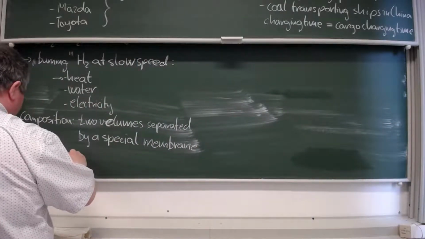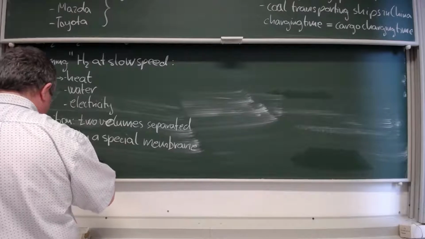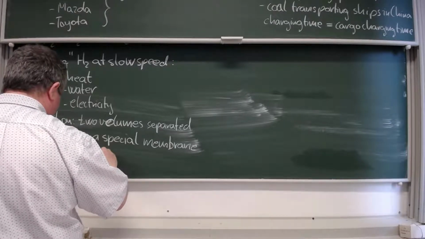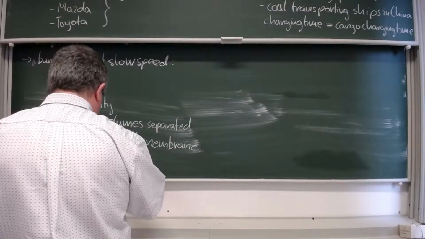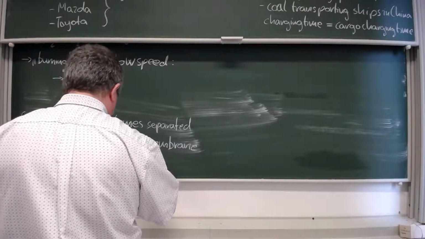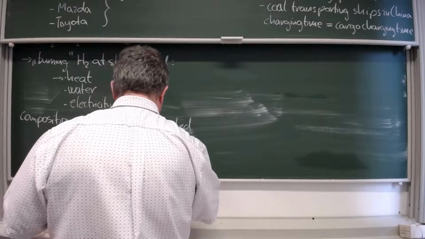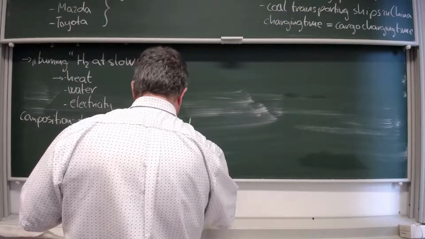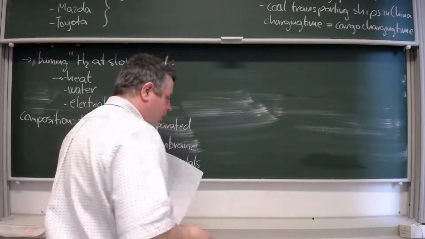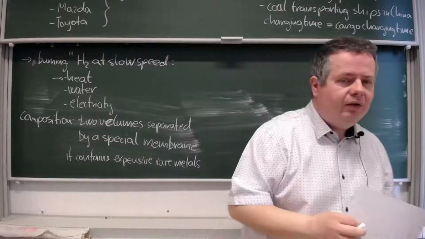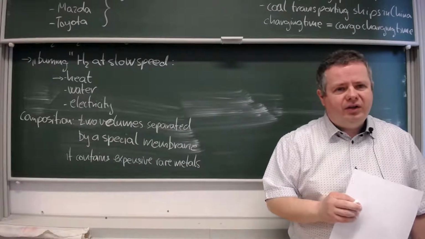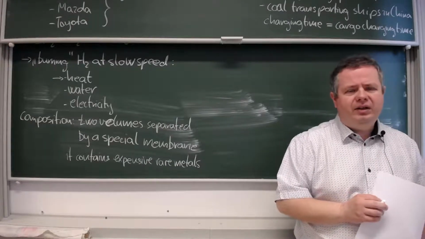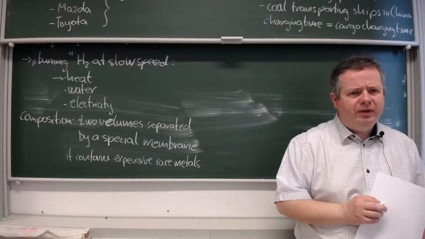And it contains expensive, rare metals. You have heard that a catalyzer in an internal combustion engine contains rare and precious metals like platinum and palladium and I don't know what.